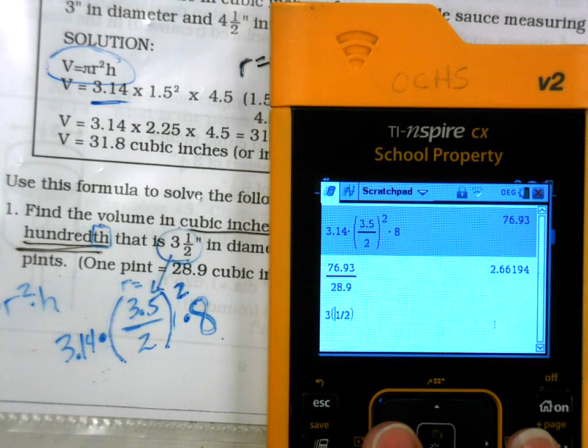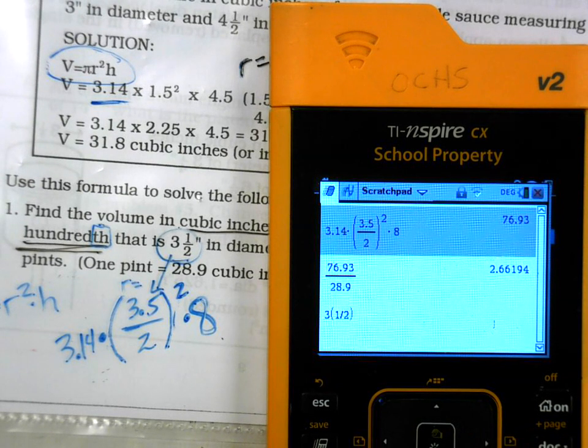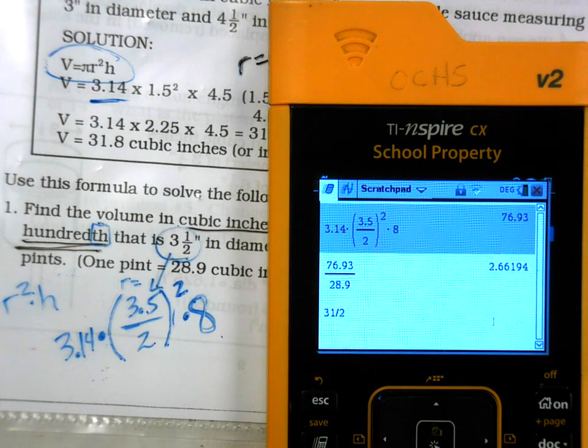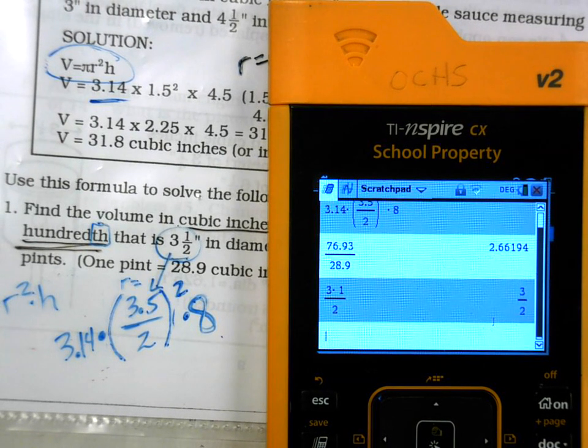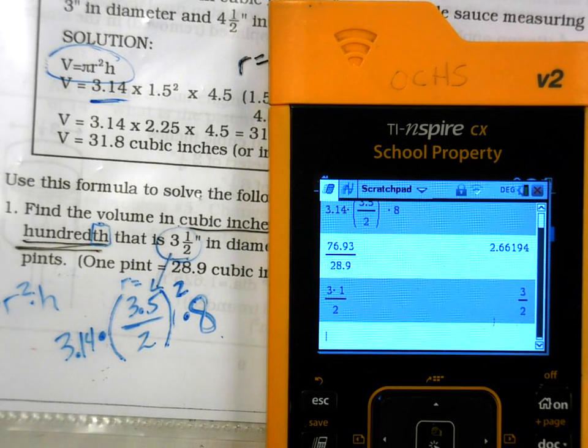If I put a space in there, it's going to multiply it. Hey, that's actually, you know what, I didn't know it converted like that.